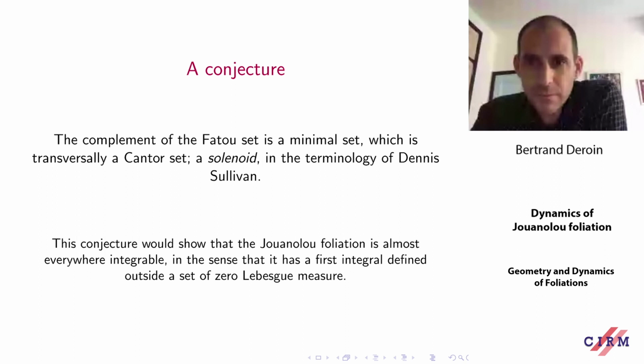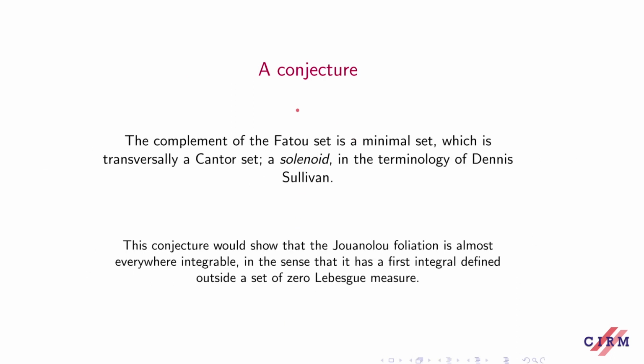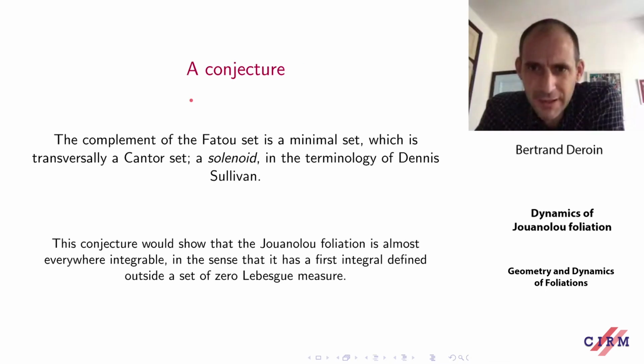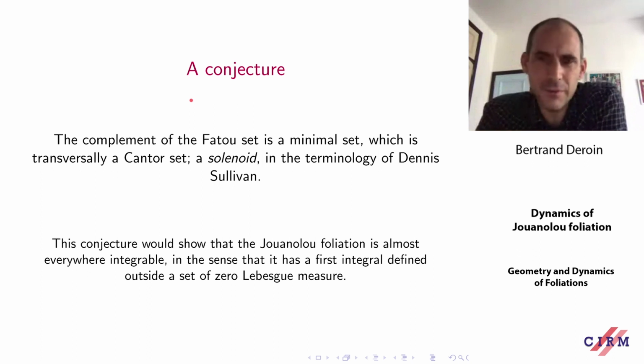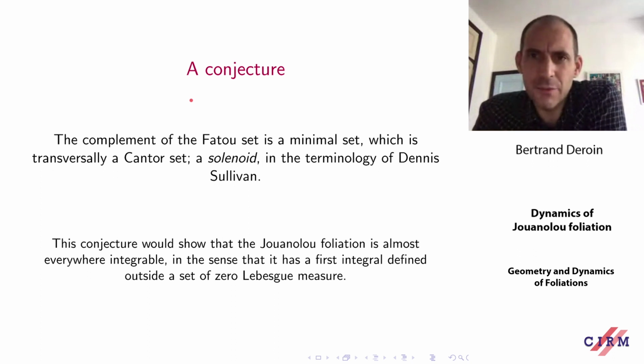So here is a conjecture about this Jouanolou foliation in the complex projective plane. We think that the complement of the Fatou set is a very thin set. We think it is what we call a solenoid.